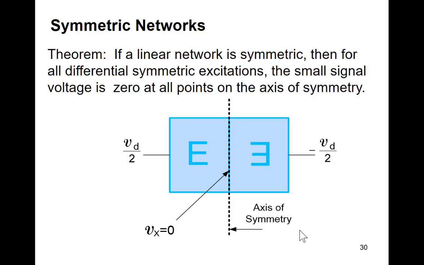V2 is equal to minus V1. So if V2 is equal to minus V1, then this is 0. So VZ is 0. That's pretty impressive. There could be a lot of nodes on that axis of symmetry. Any transfer function with differential excitation is going to be 0 to that node.